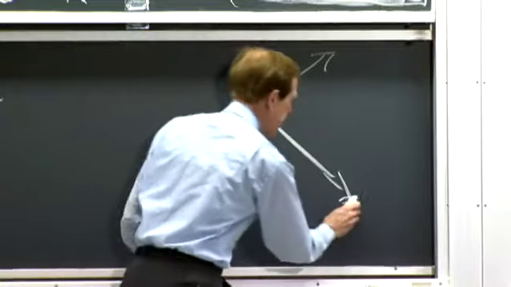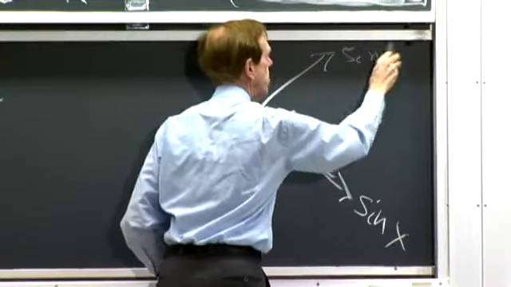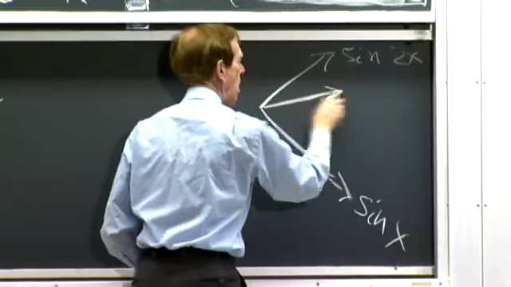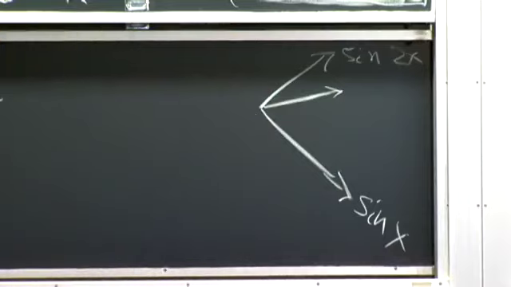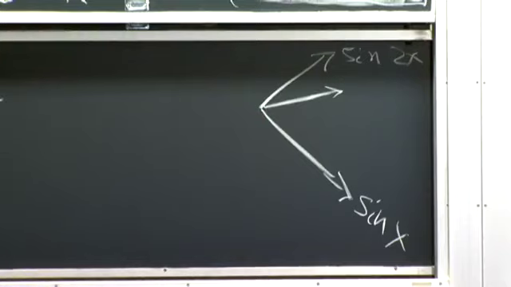This might be the direction of sine x, and this might be the direction of sine 2x. And then I have a function, and I'm trying to find out how much of sine 2x it has in it, how much of sine x it has in it, and then, of course, there's also a sine 3x and all the other sine kx's.